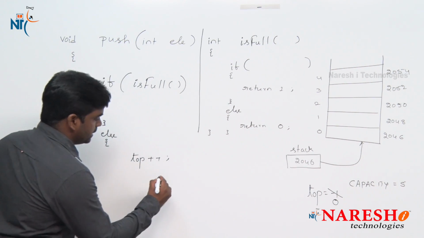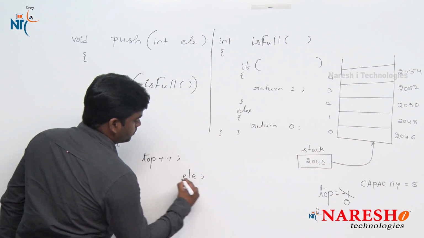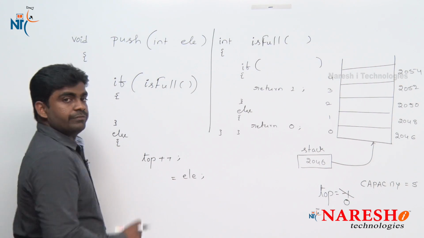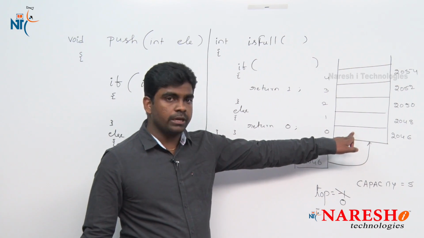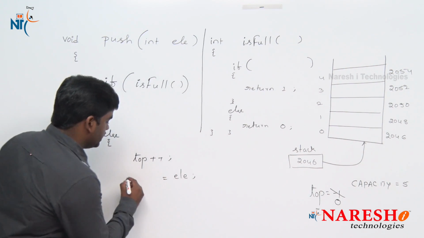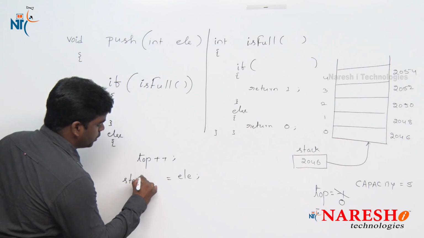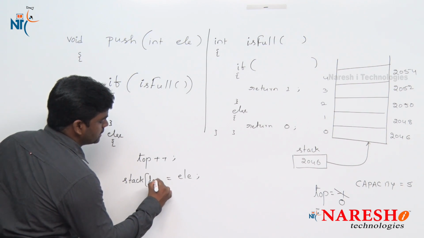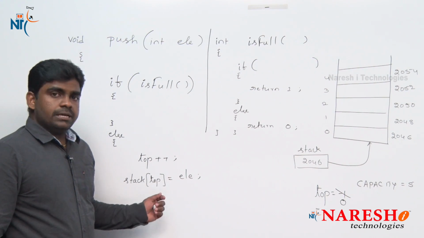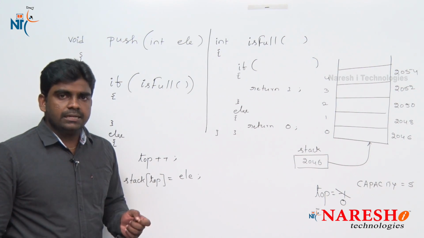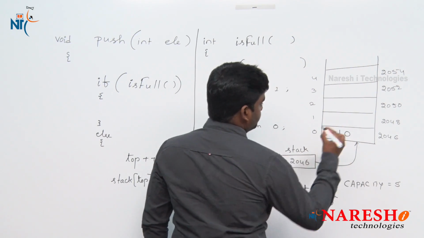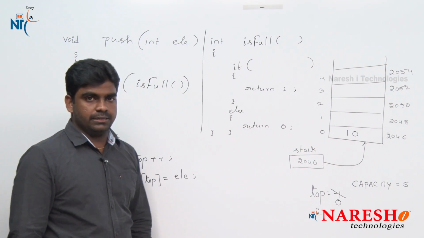So now we are storing the element. Which location are we storing into? Into the 0th location of the stack array. So here stack of top, which is 0, is the location. Sir, what is the element? Suppose consider the element is 10. 10 will be inserted.